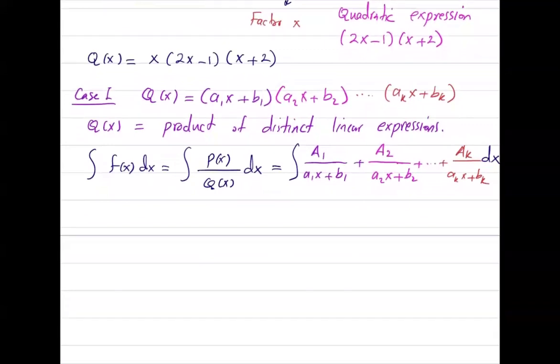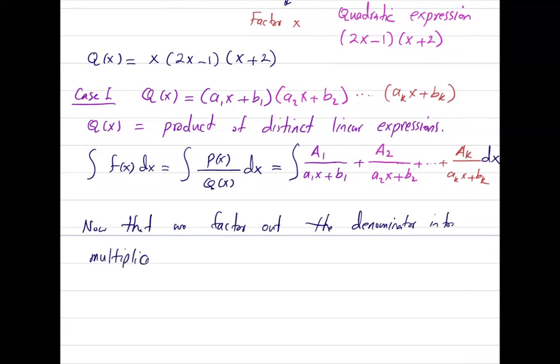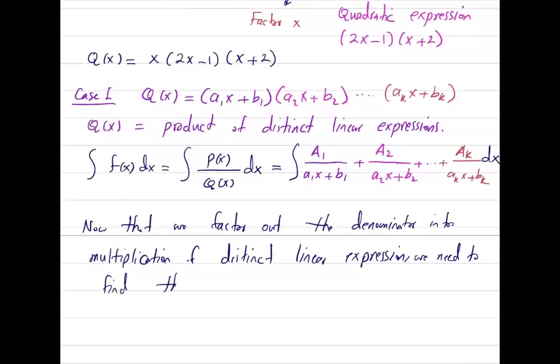Now that we factored the denominator into multiplication of distinct linear expressions, we need to find the new numerators.